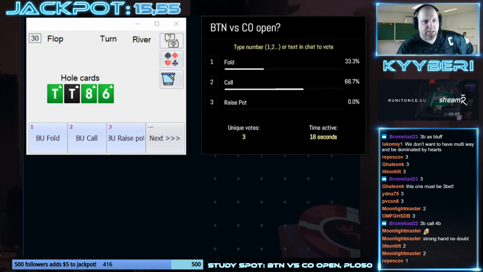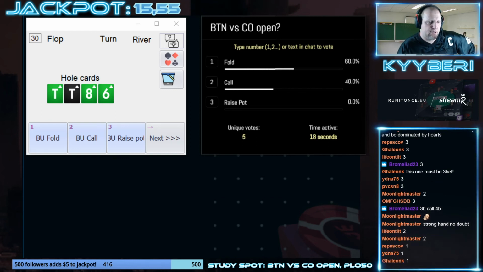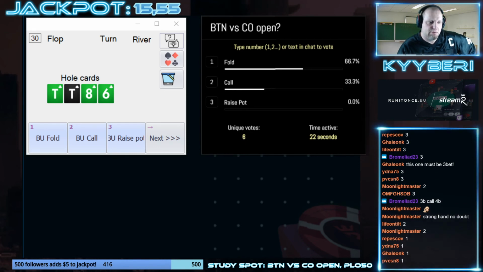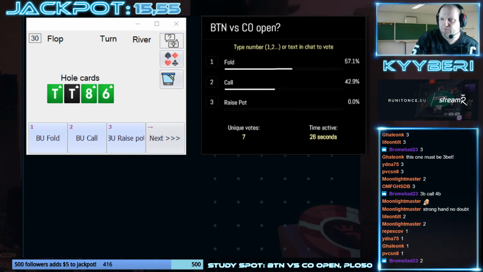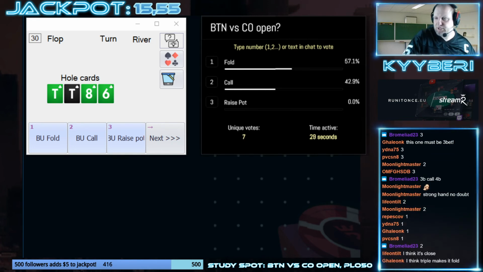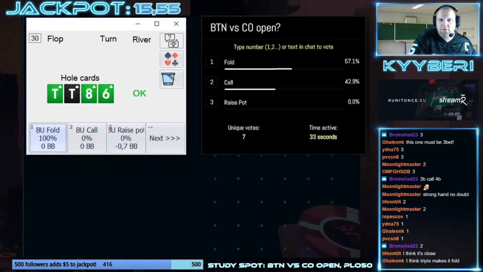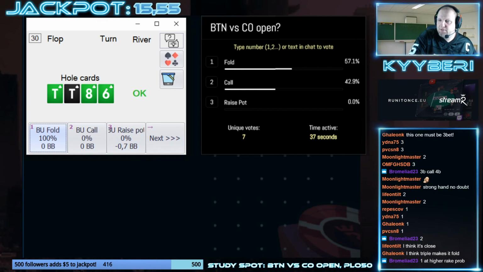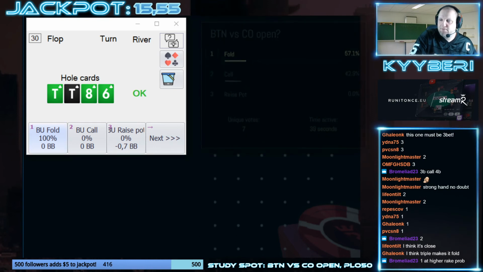So I would say that with the 3 clubs and 8-6, this drops to be a fold. Oh, Twitch chat is getting closer. It's 100% fold, but the EV of a call is the same. But yeah, it drops to be a fold.